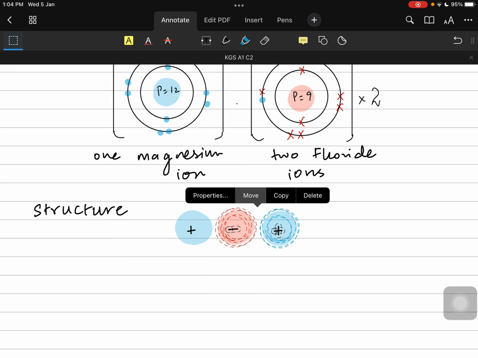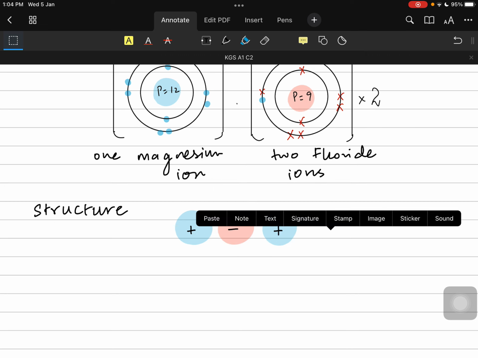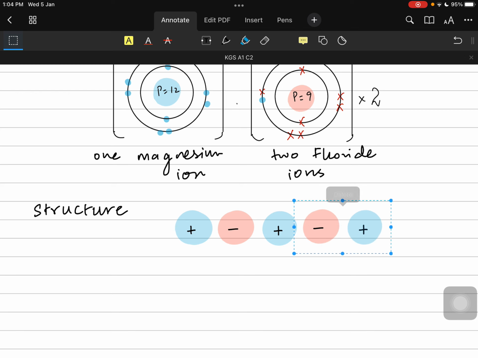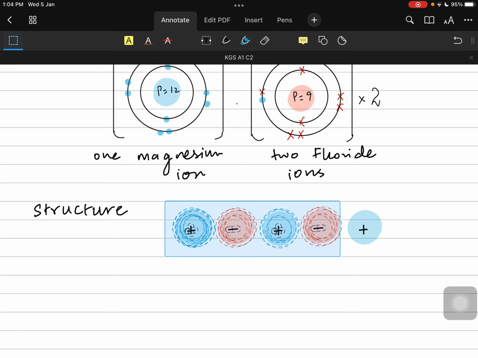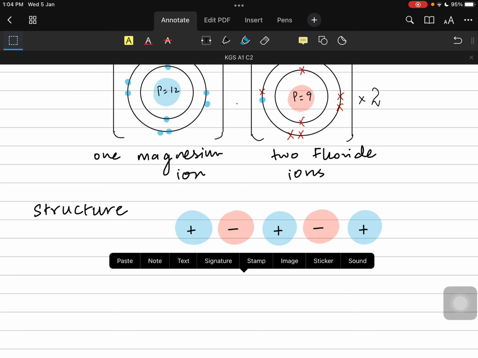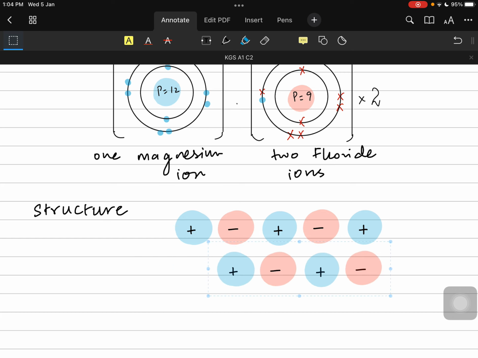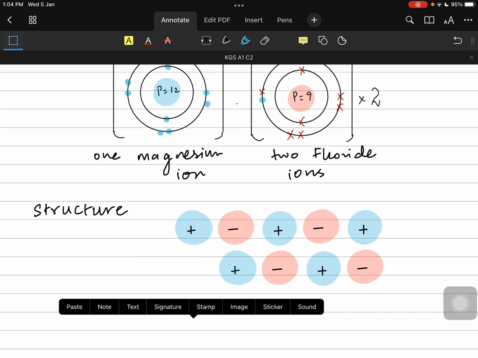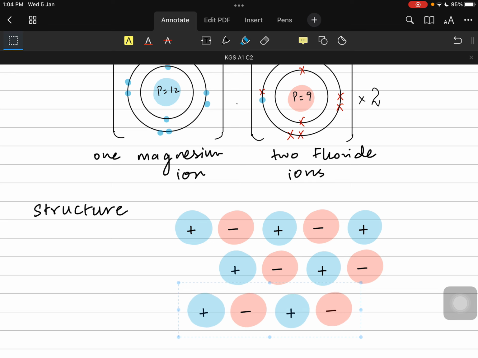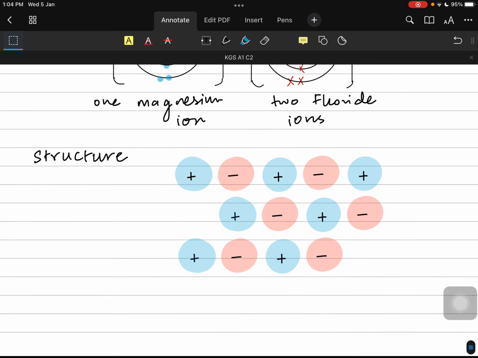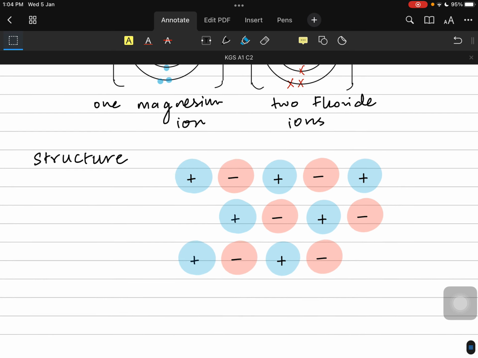You have your pair, which I'm copying over here, and when I paste it, it looks something like this. So it's a continuation of the ionic lattice over here, and it's a really huge structure.